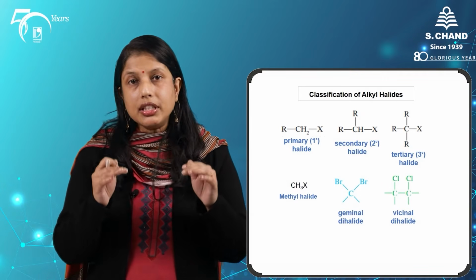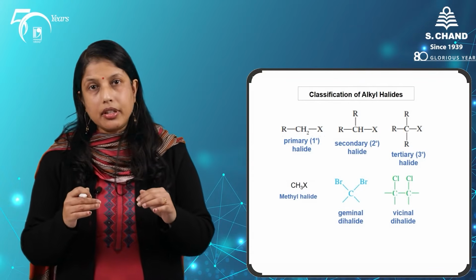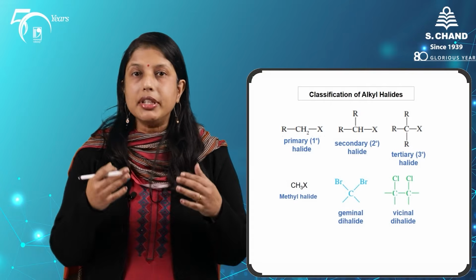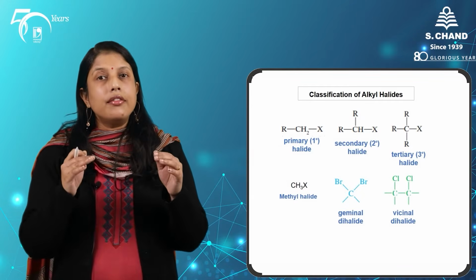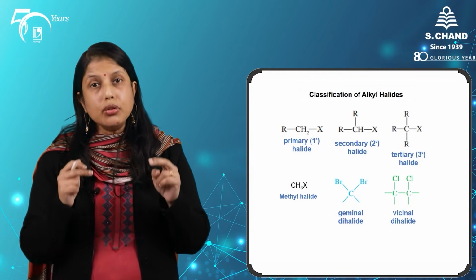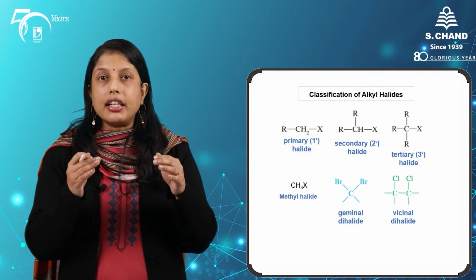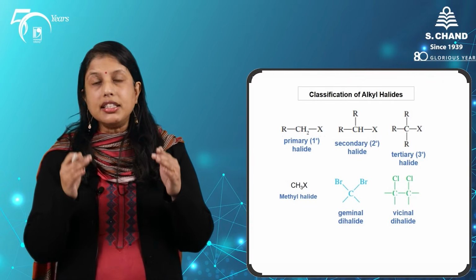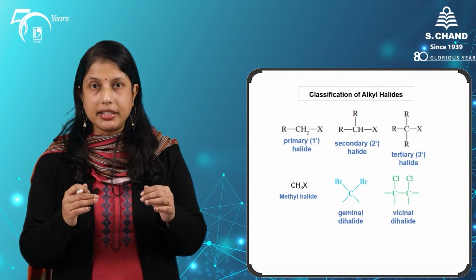If the halogen is bonded to a carbon which is a methyl group, then it is said to be a methyl halide. Finally, alkyl halides which contain 2 halogen atoms that are bonded to the same carbon are known as geminal dihalides.